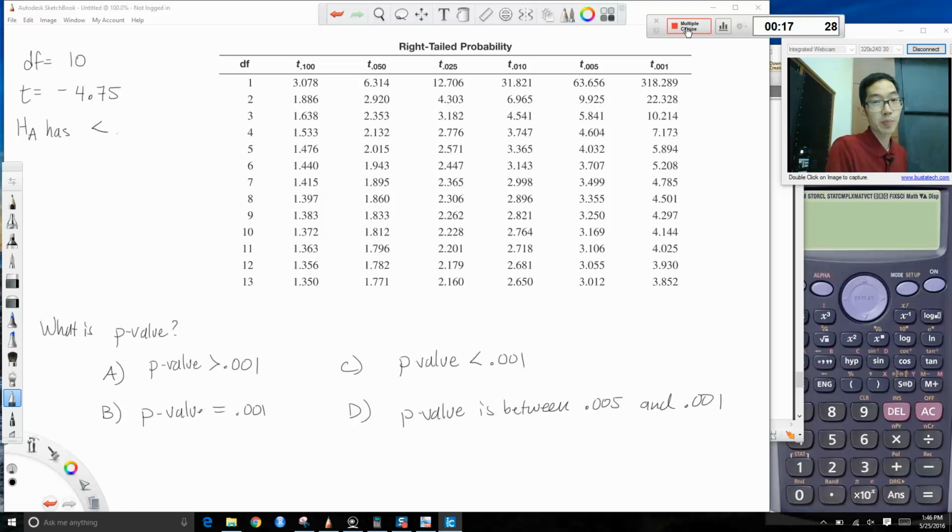So pay careful attention to the column headings and your values here. You've got 10 degrees of freedom, you've done your math, the alternative hypothesis has a less than sign, and your test statistic ends up negative 4.75.